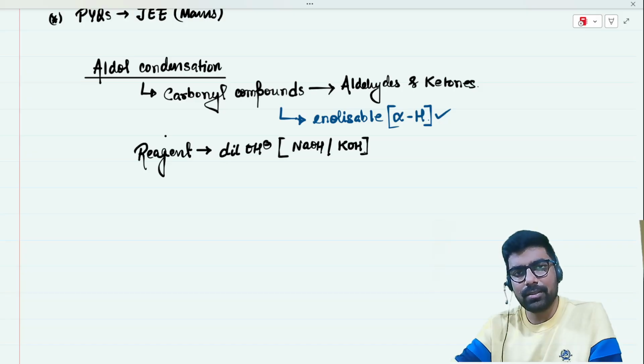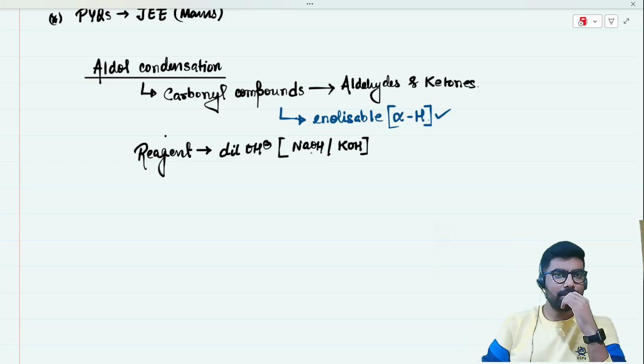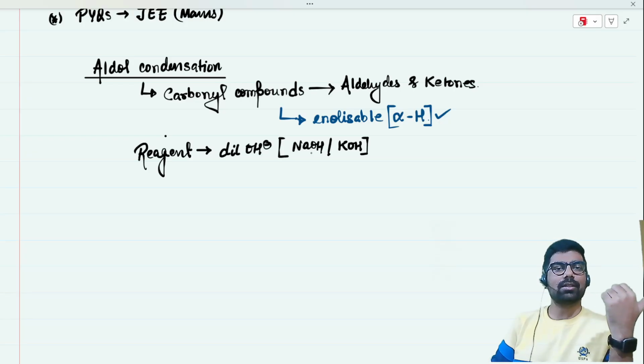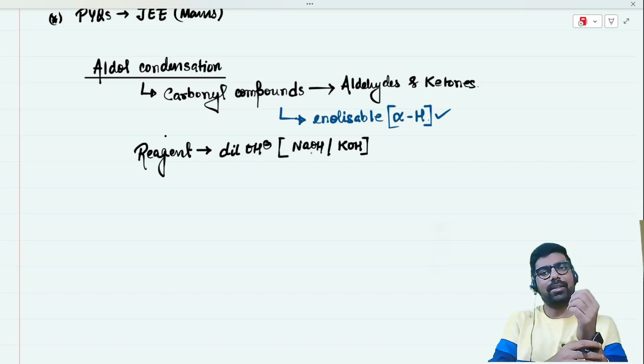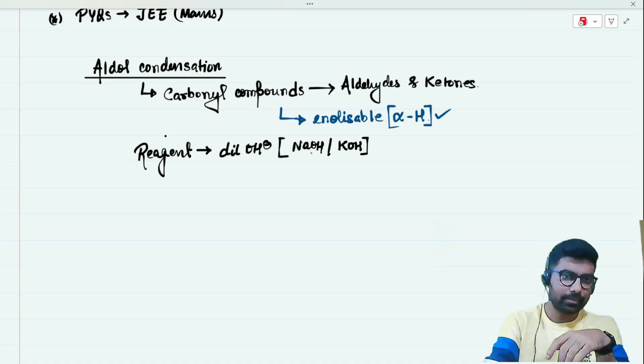Any OH minus can be used as a reagent for aldol condensation. So these are the first two things that we need to know. If the compound is a carbonyl compound, it generally undergoes aldol condensation, provided it has an alpha hydrogen, and the reagent used is a dilute OH minus.